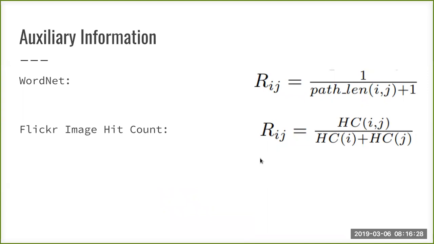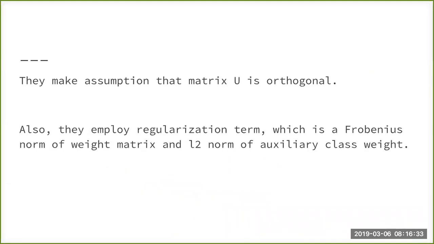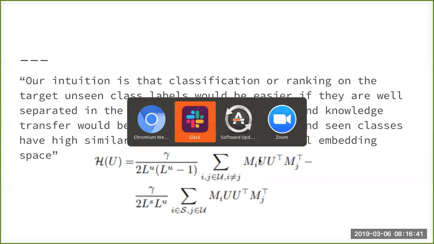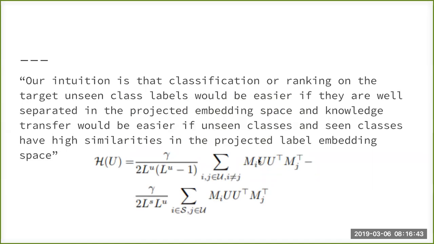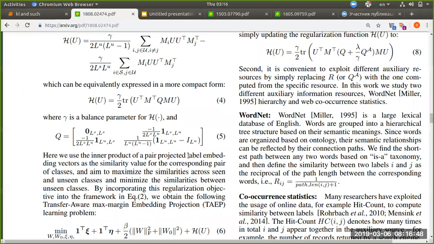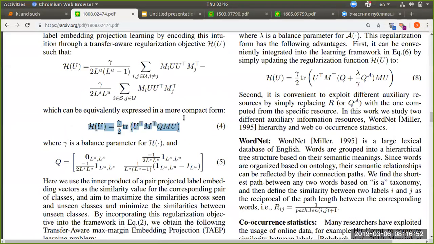Basically, they reformulate this loss like this, with the combination that they had before. Oh, also the regularity weights, obviously. So they reformulate that as a trace of, well, I'm just going to show you. So yeah, they reformulate it as this.